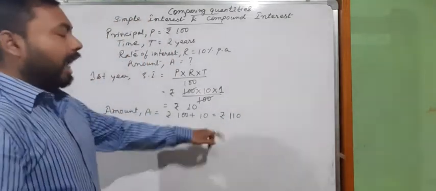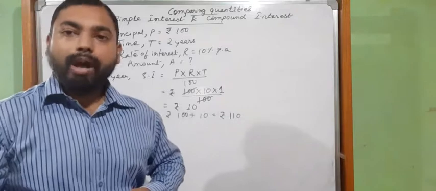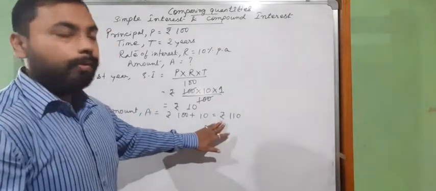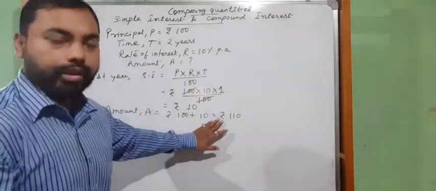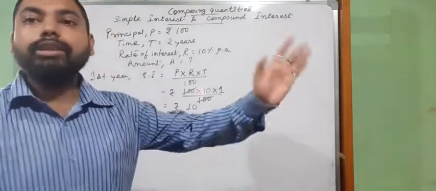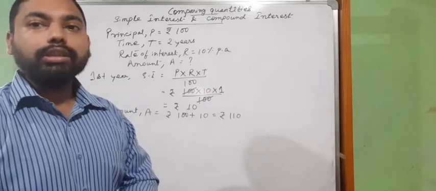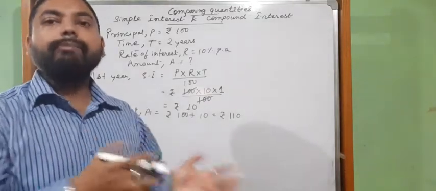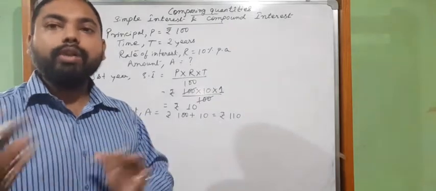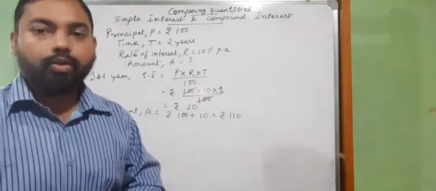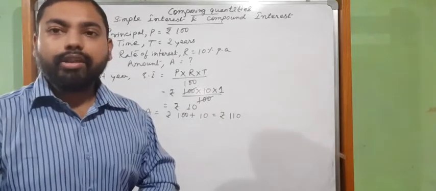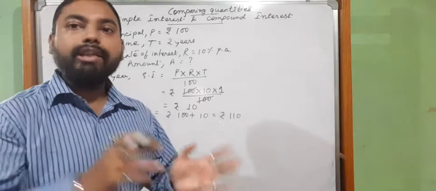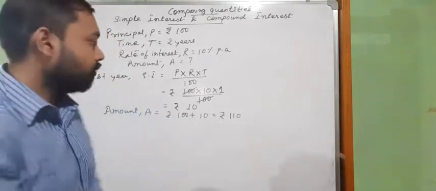So according to compound interest, whatever amount we get at the end of the first year will become the principal money for the second year. As I have told you, this is the difference between simple interest and compound interest. In compound interest the principal money is changing, whereas in simple interest the principal money remains unchanged, that is, it will be the same for every year.